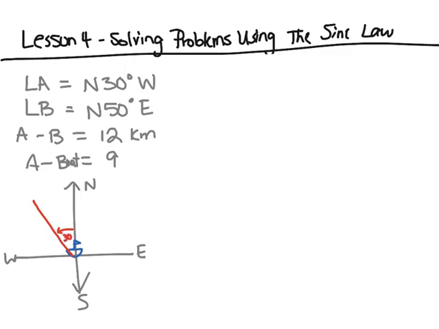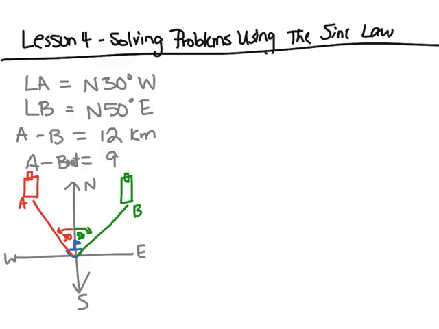And this is lighthouse A. I don't know what a lighthouse looks like. Like that. So this is A. And from the boat to lighthouse B, we know that it's north 50 degrees east. So this is lighthouse B.